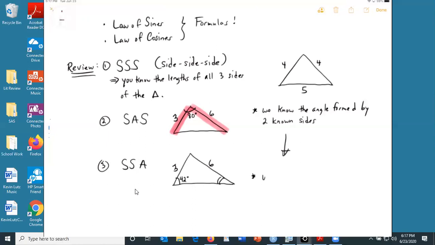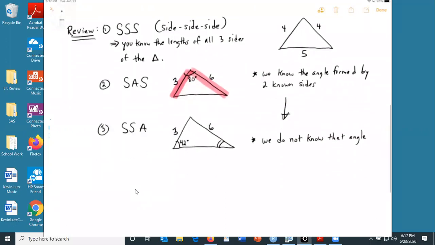Whereas here, we do not know that angle. But we know one of the other two, namely one of the two at the bottom of that triangle.